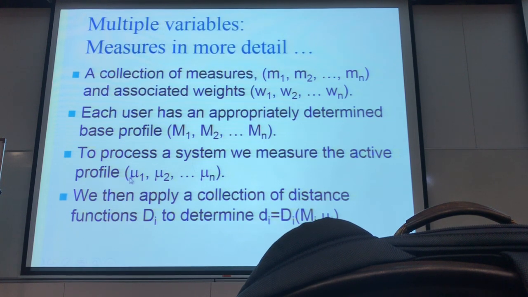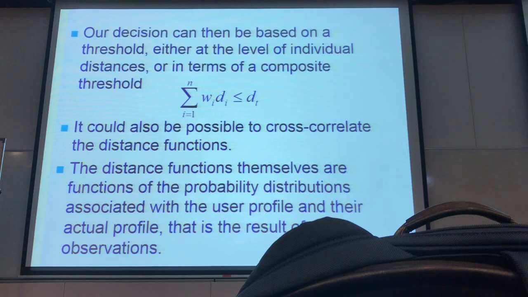What is the distance between the active profile and the base profile? If the distance is too far, then you can raise an alarm. If the distance is close, then you don't raise an alarm, right? So you can define a threshold. If the distance is beyond the threshold, you raise an alarm. If it's within the threshold, then you don't raise an alarm. So that's the idea, right?